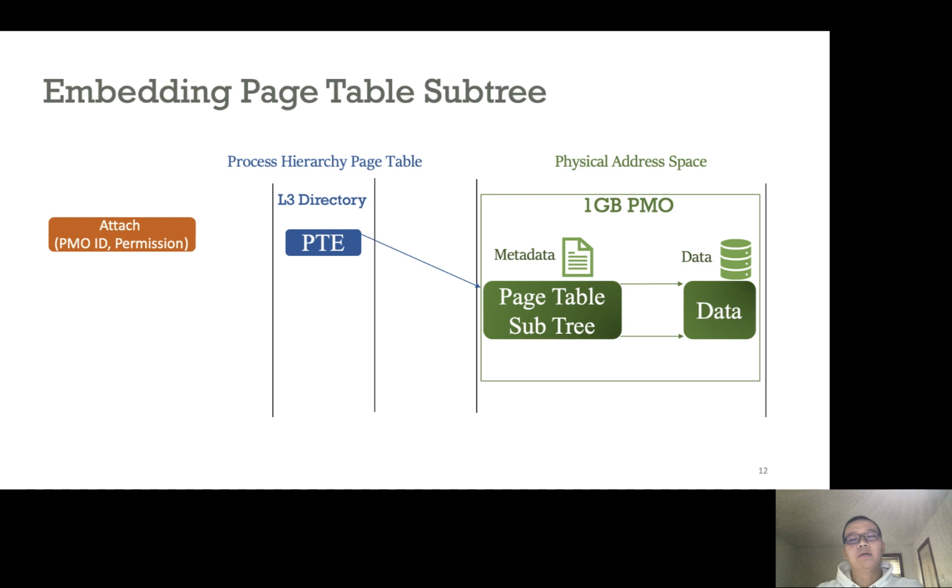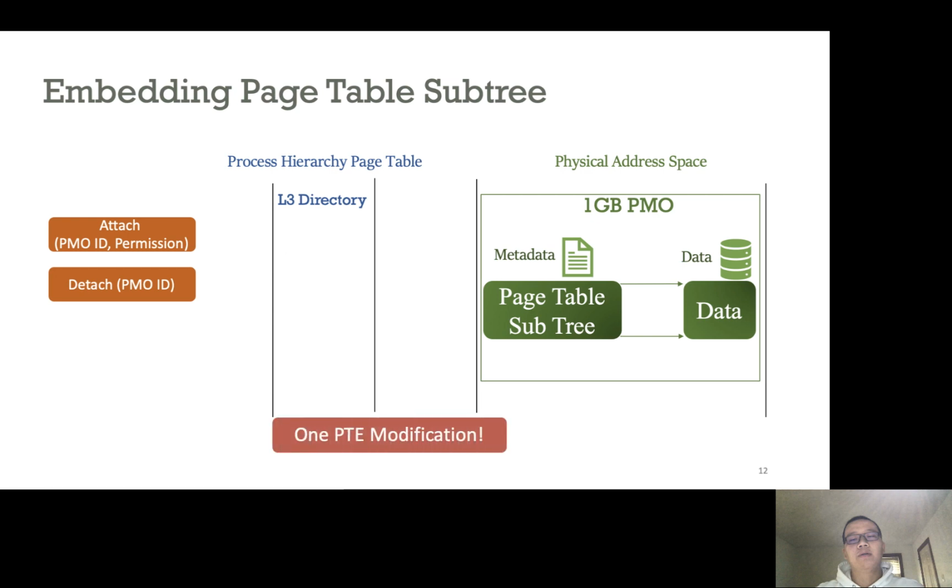The process can just use regular load and store instructions to access the entire PMO under the permission control. When a detach system call is invoked on this PMO, the process also only needs to clear 1 PTE to remove this PMO from the process address space. Then the process can no longer access any data in this PMO.